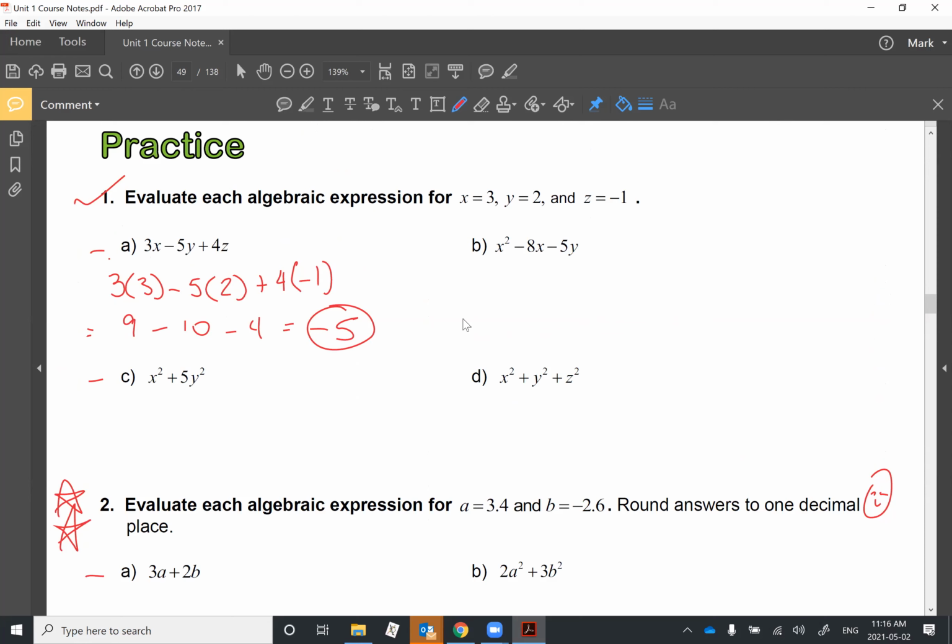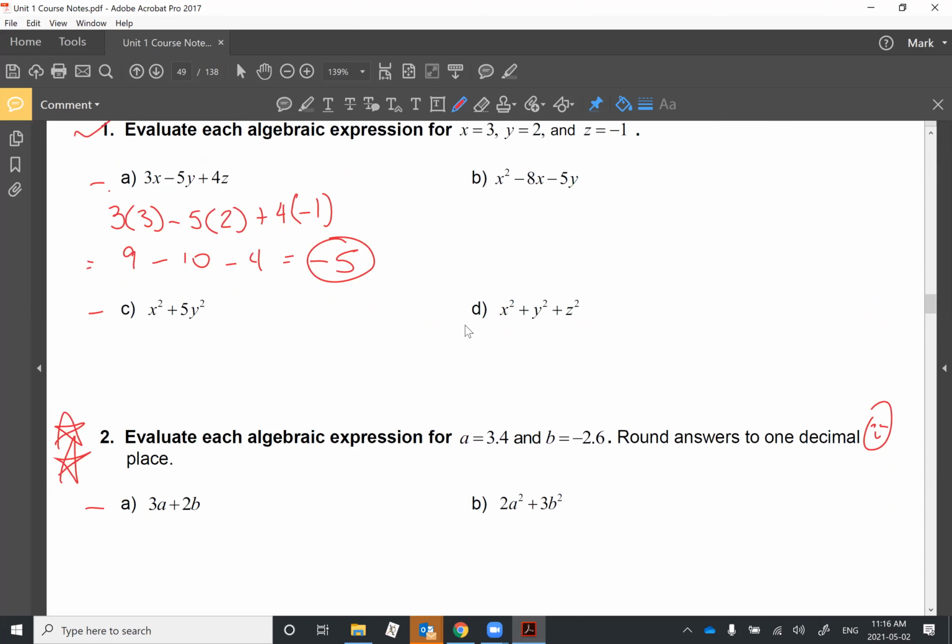Okay, let's try C, a little harder here. C is not that bad for me. You guys will have a trickier one with D maybe. C, x squared, so 3 squared plus 5 times 2 squared.